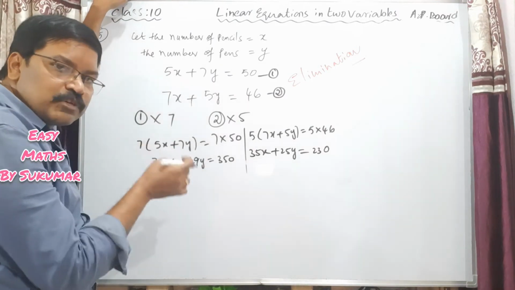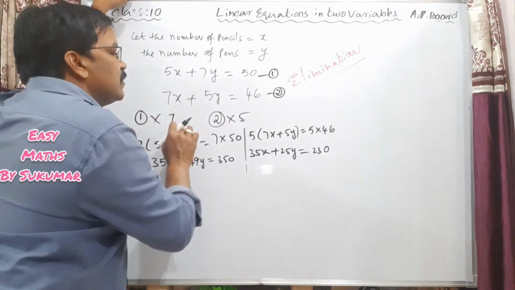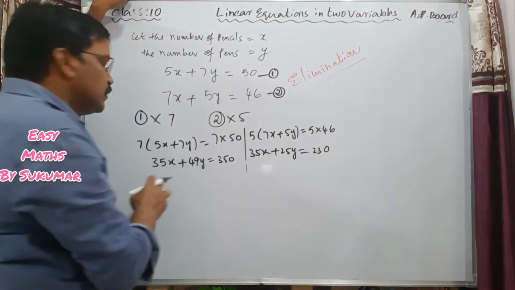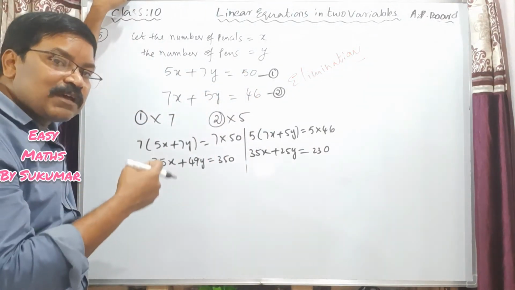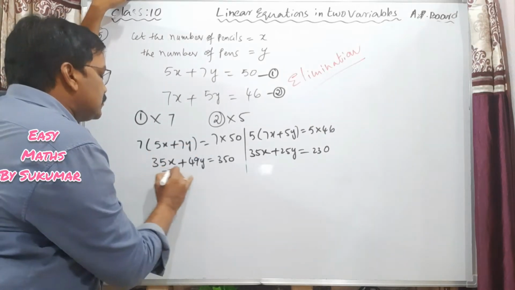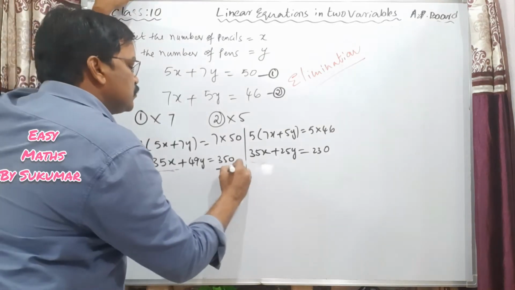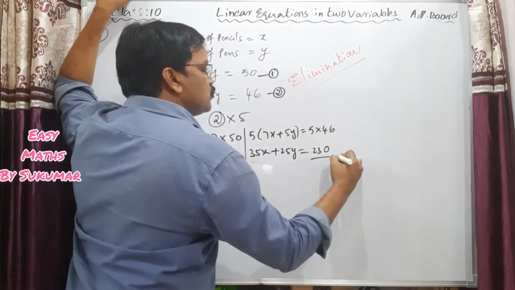Now if you observe the two equations, after multiplying the first equation with 7 and the second with 5, the coefficients of x became equal. Here it is 35x, here also 35x. This is equation number 3, and this is equation number 4.